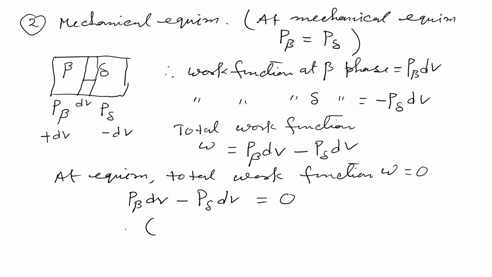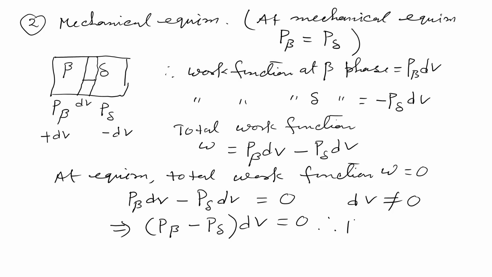So from here I can write (P beta minus P delta) dV is equal to 0. Now here dV cannot be equal to 0. This indicates either this one is 0 or this is 0. dV cannot be 0. So therefore the pressure of the beta phase minus the pressure of the delta phase is equal to 0. So the pressure of the beta phase is equal to the pressure of the delta phase. This is the condition for mechanical equilibrium, right?